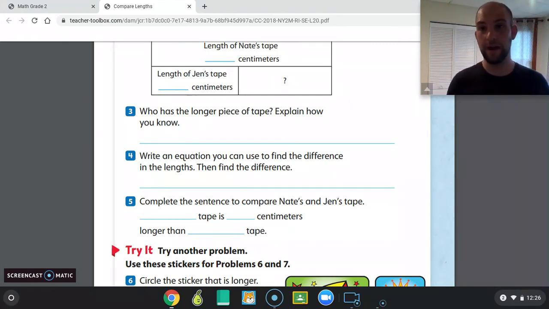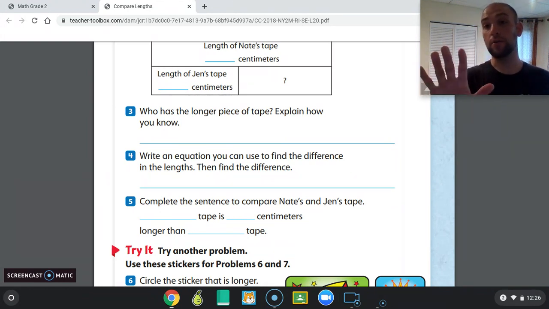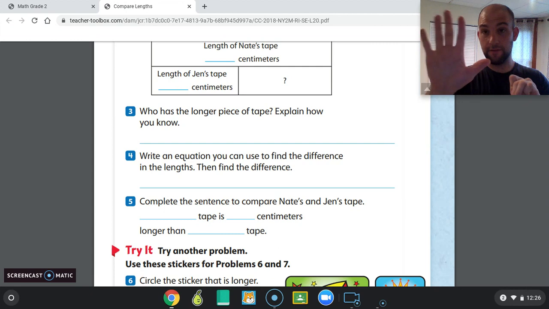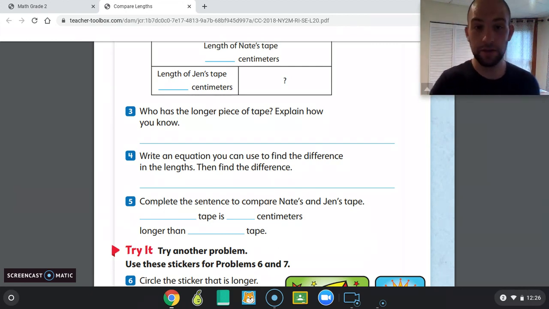What is 8 minus 3 in centimeters? Right, it's 5. So if we have 8 and we take away 3, 1, 2, 3, we have 5 left, 5 centimeters. So the difference between the length of Jen's tape and the length of Nate's tape is 5 centimeters.